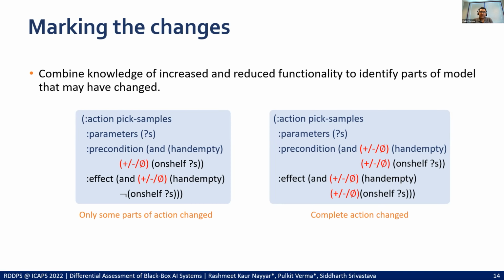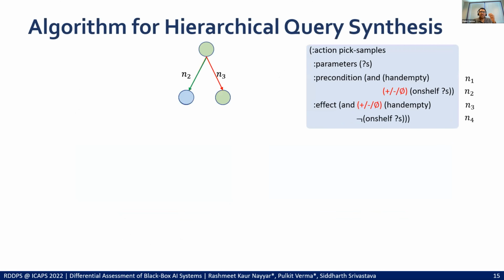But now that we know what portions of the model, or specifically what tuples in the model may have changed, we move on to the next challenge of identifying the correct form of these tuples, like it is either plus or minus or phi. So we developed this hierarchical query synthesis algorithm that starts with a partially known model and tries to fix the correct form of each predicate one by one.